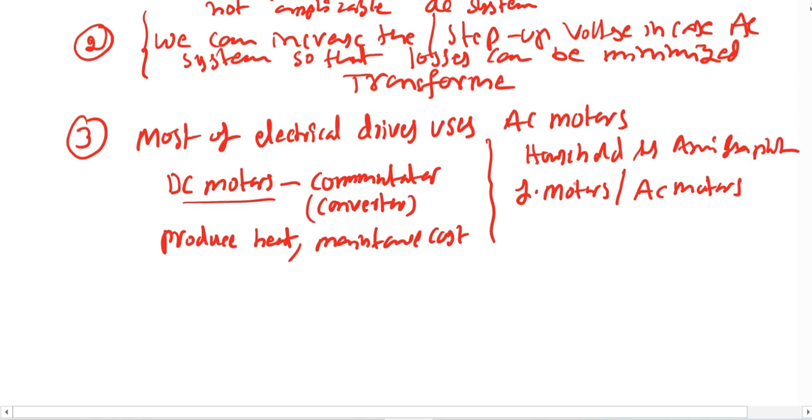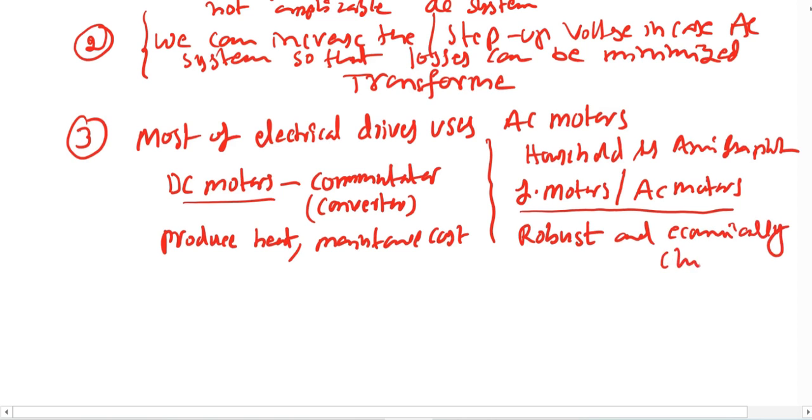The advantage of these AC motors is they are more rugged, more robust, and economically cheaper in cost. So that is another advantage of the AC system, and a drawback of the DC supply system.